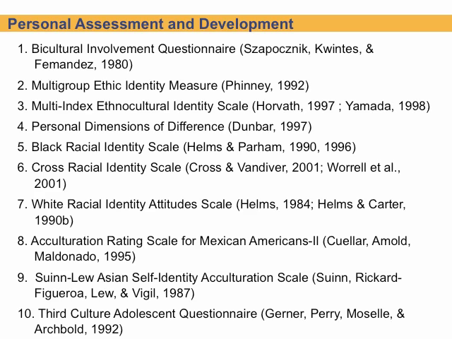The Personal Dimensions of Difference, the Black Racial Identity Scale, Cross Racial Identity Scale, White Racial Identity Attitude Scale, Acculturation Rating Scale for Mexican Americans, the Suinn-Lew Asian Self-Identity Acculturation Scale, Third Culture Adolescent Questionnaire. So you see some of these are very good for those from different cultures, working in different cultures, and there's some really good stuff out there.